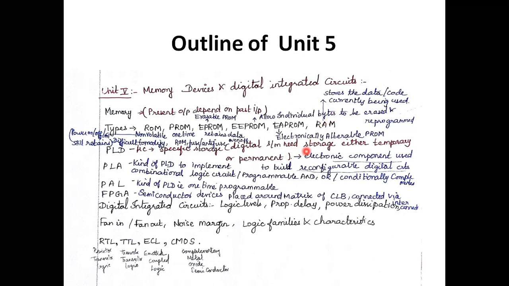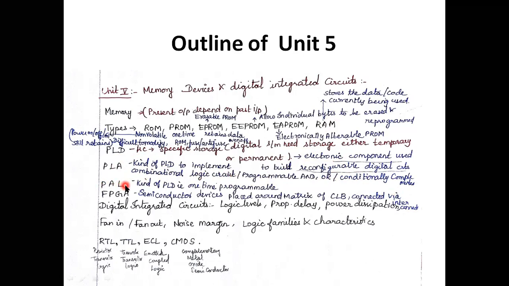Hence a digital system needs storage, either temporary or permanent, and a PLD is the electronic component used to build reconfigurable digital circuits, programmable logic devices. Under that we will discuss PLA. It is a kind of PLD to implement combinational logic circuits, and it is programmable and can have a conditionally complemented block also.